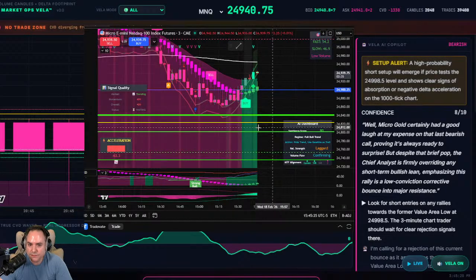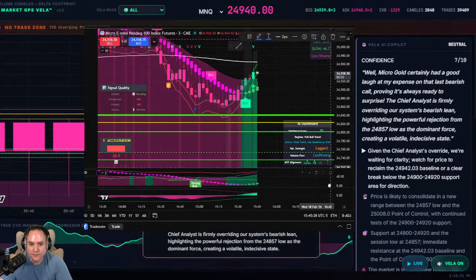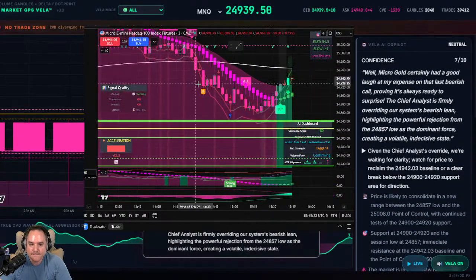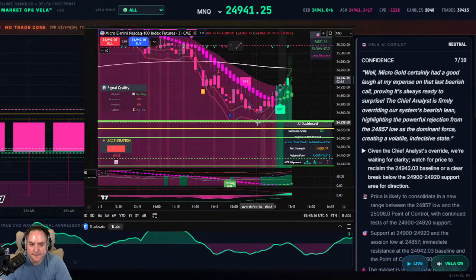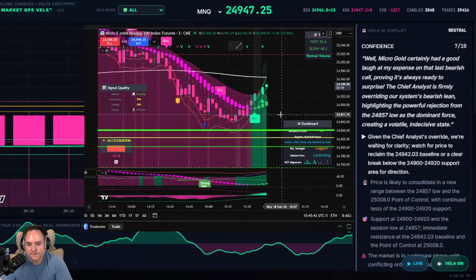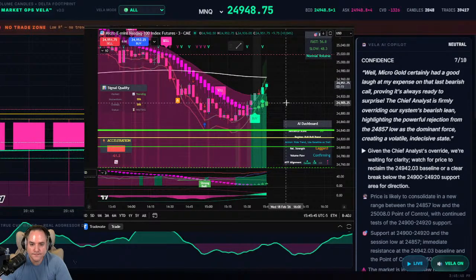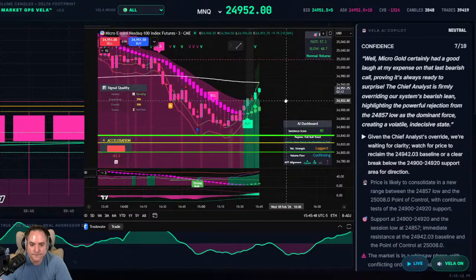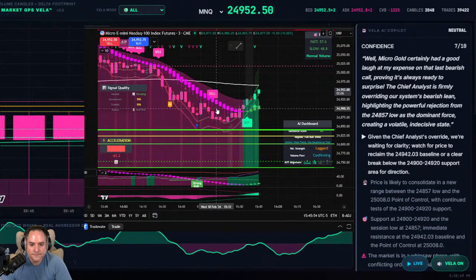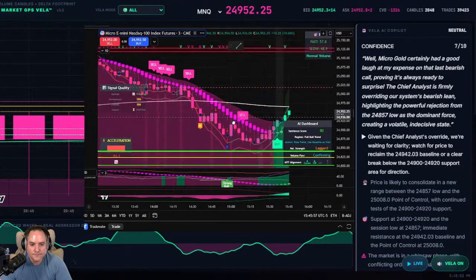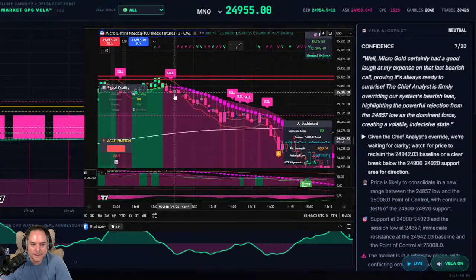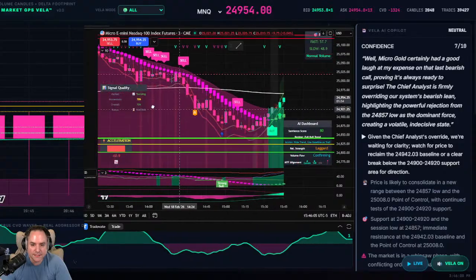Now, when I'm going for these shorts, or when I'm going for a long too, the trend has been down ever since... So since about 1 p.m., the trend has been down.